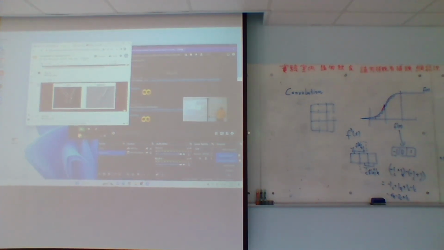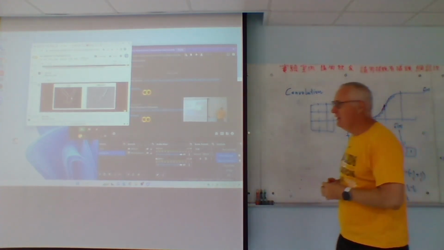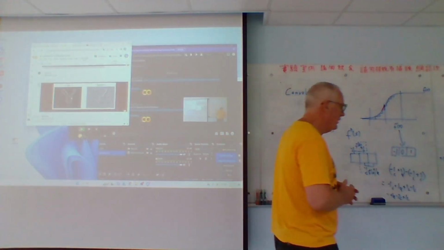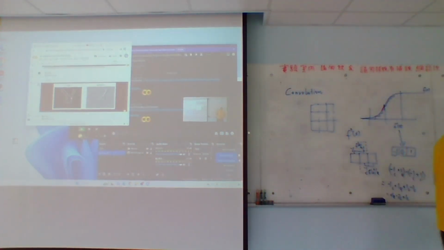If your algorithm works poorly with false positives, then you want to use the Laplacian of Gaussian. Okay? Because it's going to give you much fewer false positives. So it's important to think about these trade-offs, and then also think about the algorithm, exactly what kind of error profile they have in general.